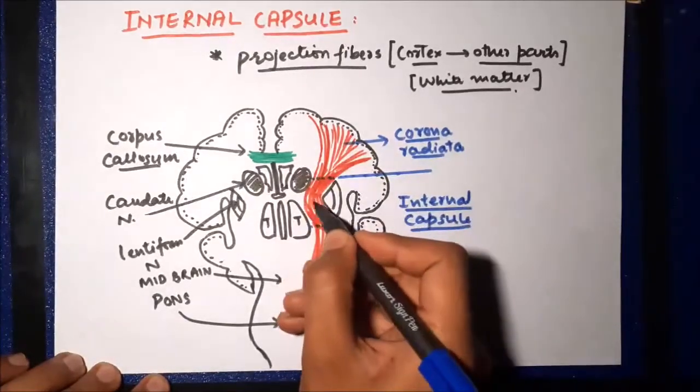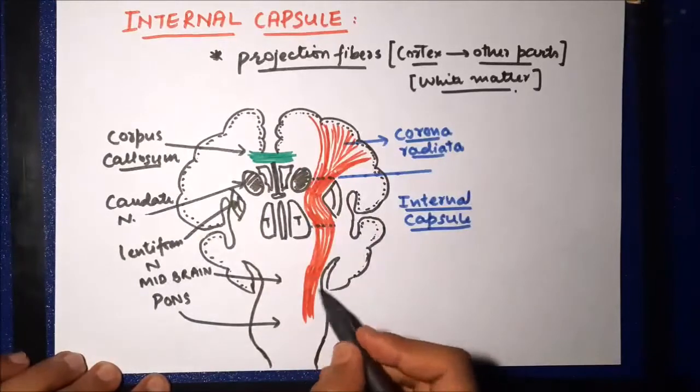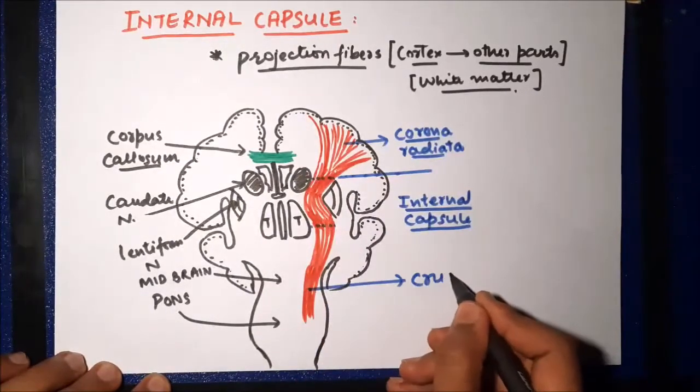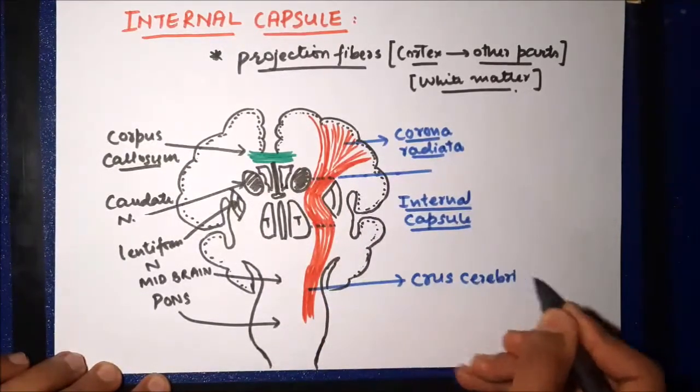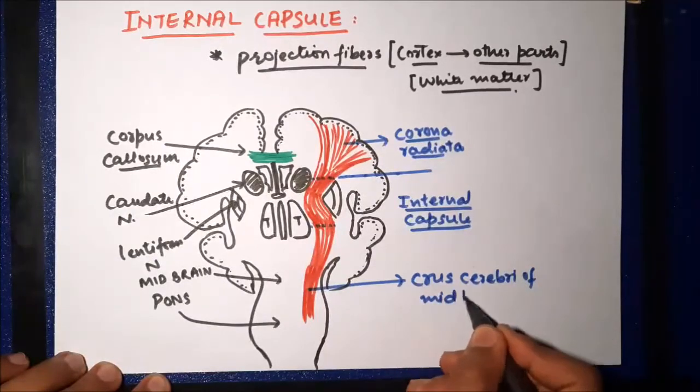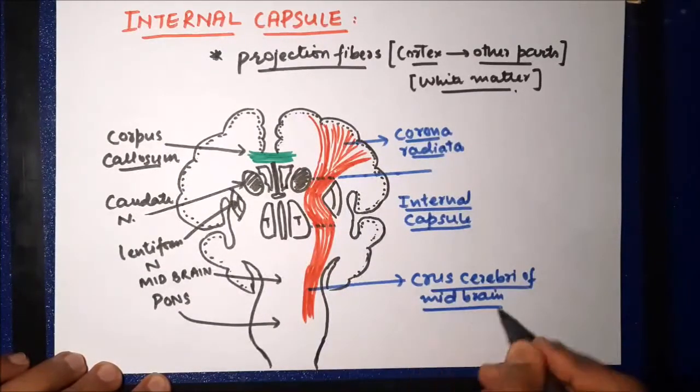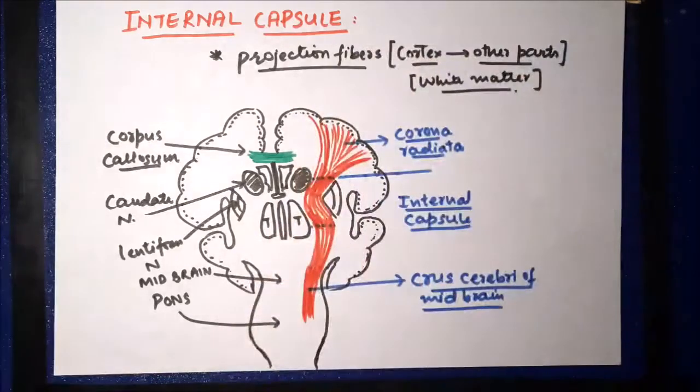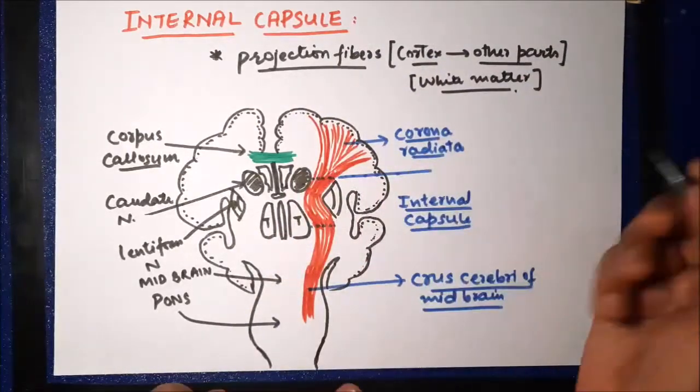The part below it which is present in the midbrain is called crus cerebri. So the same fibers form corona radiata, then internal capsule, and in the midbrain they form crus cerebri, and then they go down.